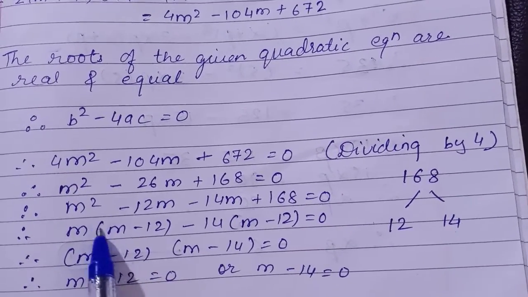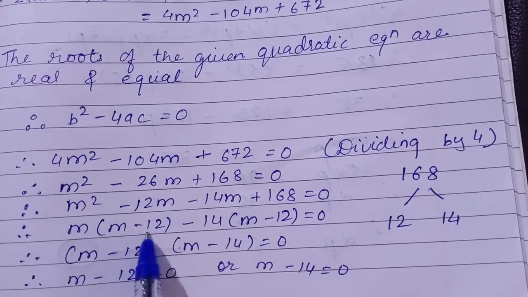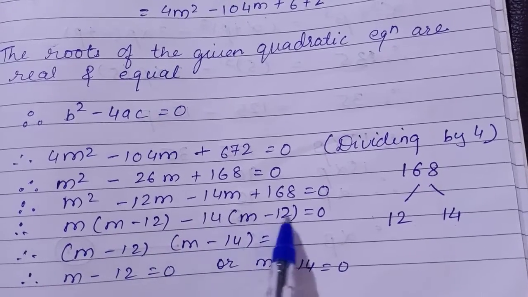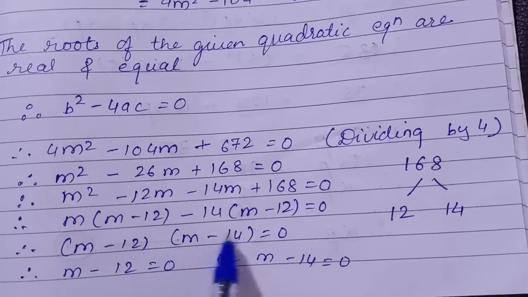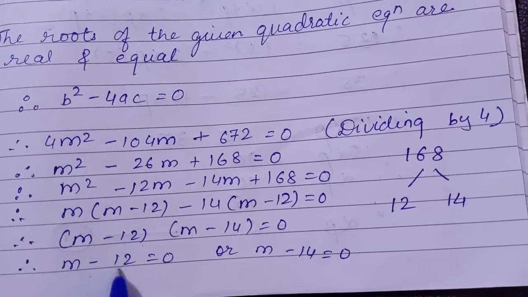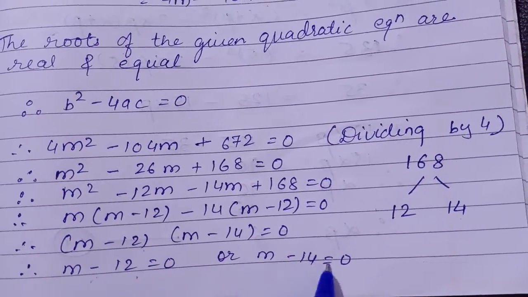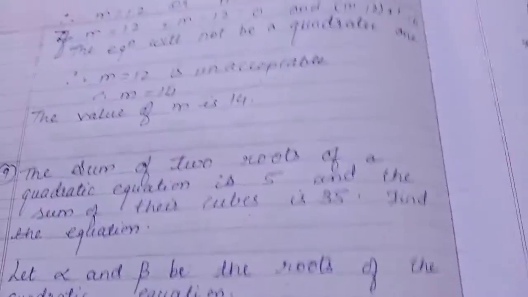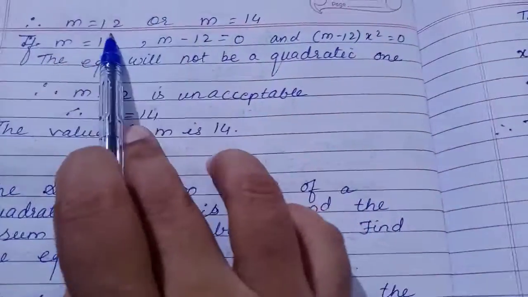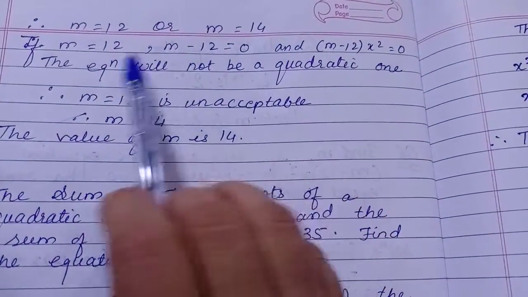Here we take m common, and we'll get m(m minus 12) minus 14(m minus 12) equal to 0. So (m minus 12)(m minus 14) will be equal to 0. We'll get m minus 12 equal to 0 or m minus 14 equal to 0. Therefore m is equal to 12 or m is equal to 14.